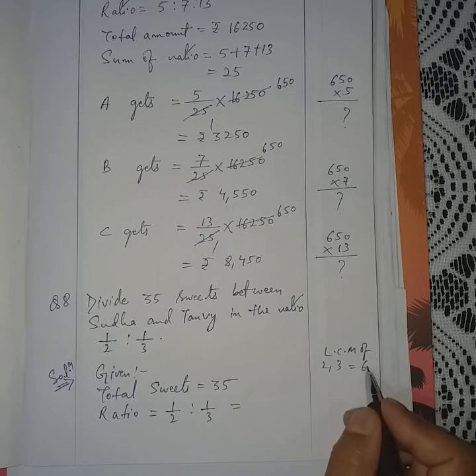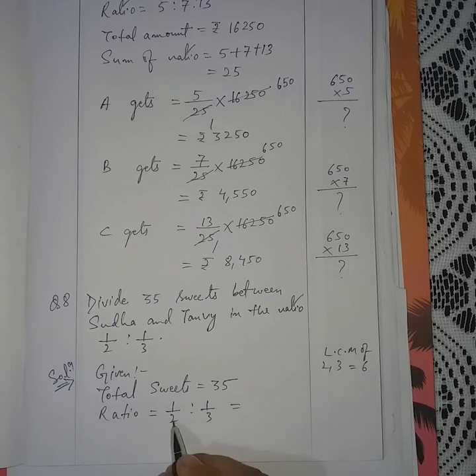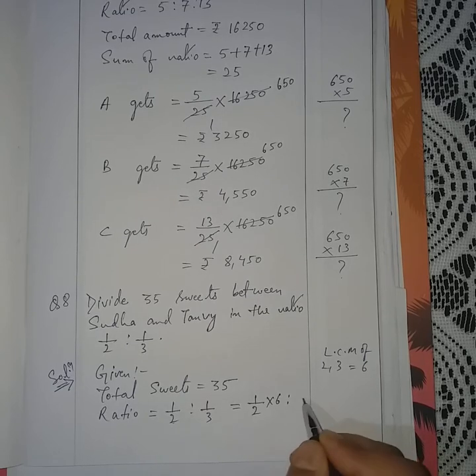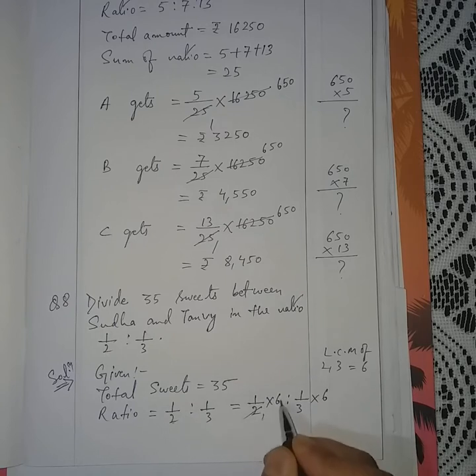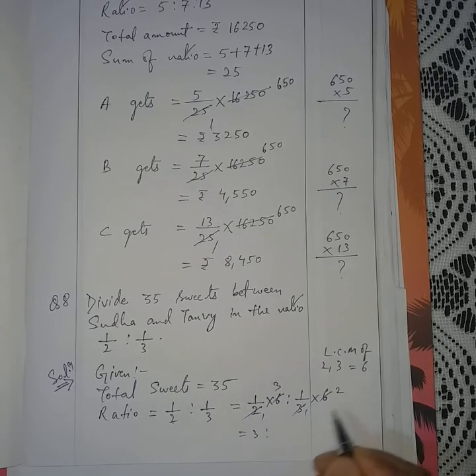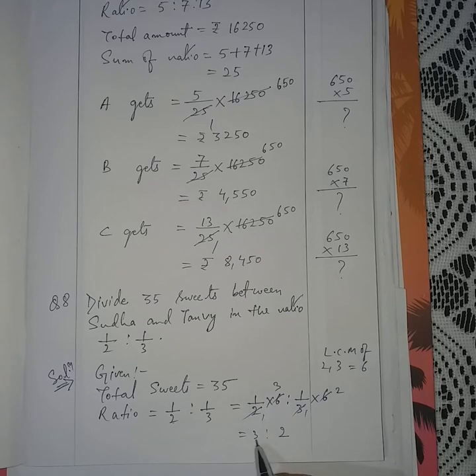Okay, by this LCM if we multiply each fraction, then we'll get a simple form like 1/2 into 6 is to 1/3 into 6. So this will get cancelled. 2 1s are 2, 2 3s are 6, 3 1s are 3, 3 2s are 6. So this side we got 3, and here 2. So this ratio we got in simplified form.